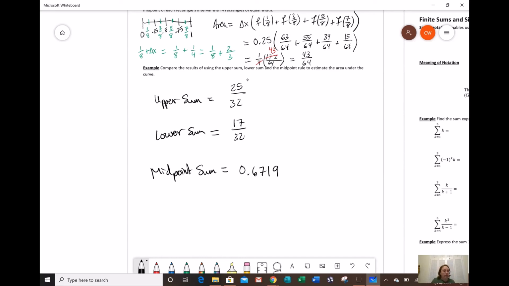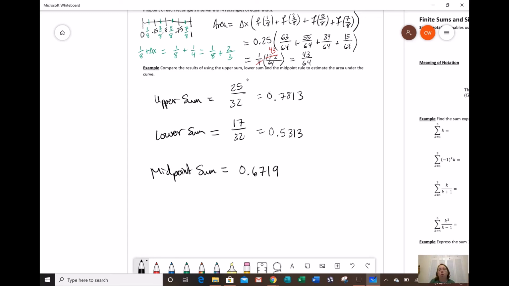All right, so let's turn those into decimals. So 25 divided by 32 is 0.7813. And 17 divided by 32 is 0.5313. All right, so I was right.